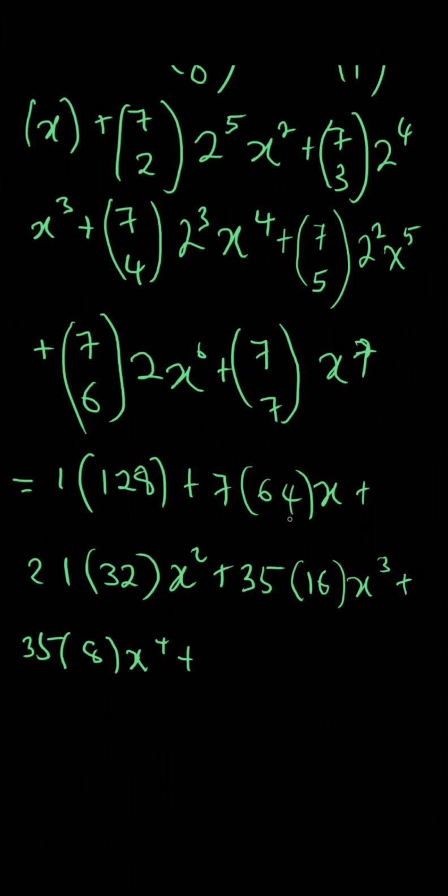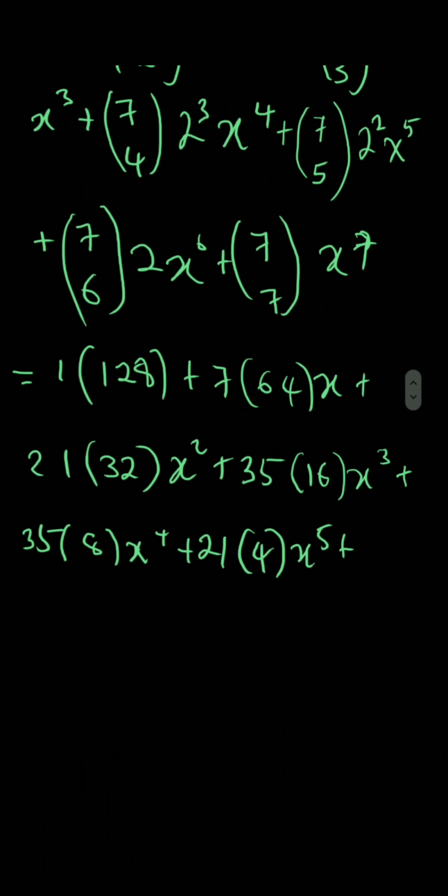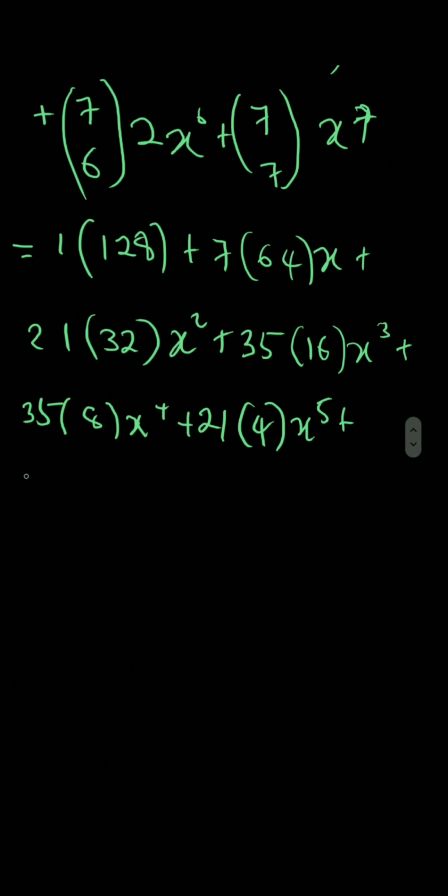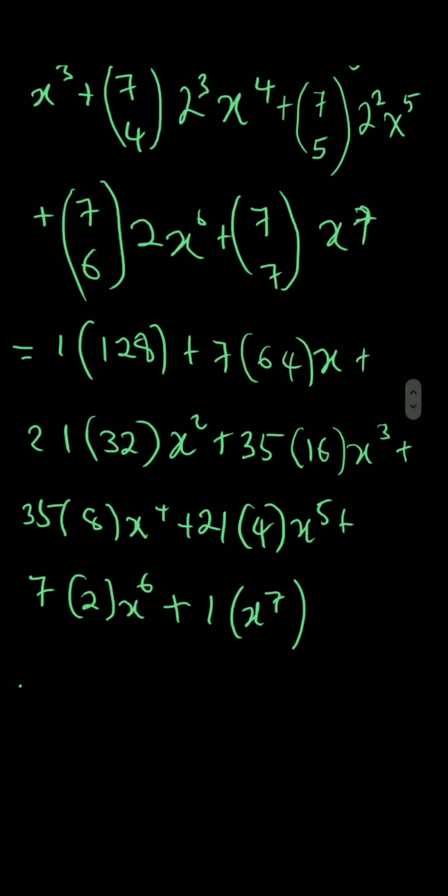multiplied with x to the power of 4, plus 7 choose 5 simply gives us 21, then times 4 times x to the power of 5, then plus 7 choose 6 will simply give us a 7, so we say 7 multiplied with 2, then times x to the power of 6, plus the last one, which is 1 times x to the power of 7.